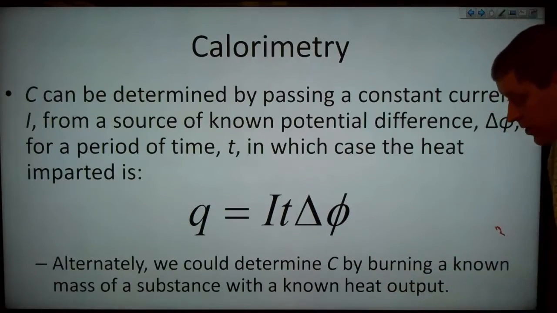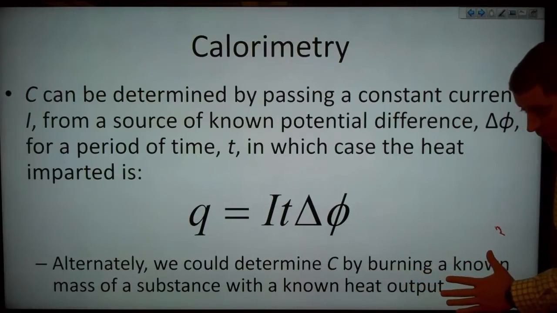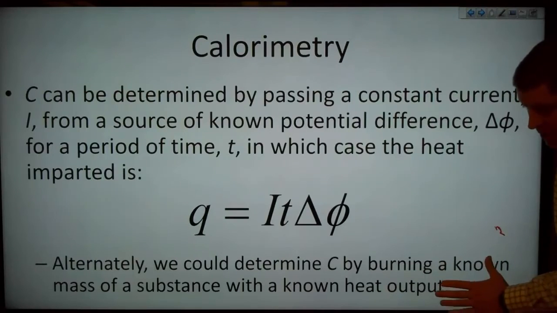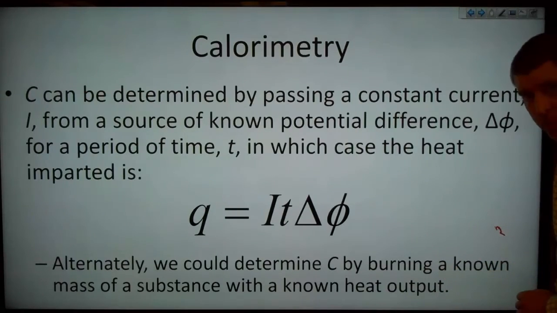Alternately, we could determine the calorimeter constant C by burning a known mass of a substance with a known heat output.